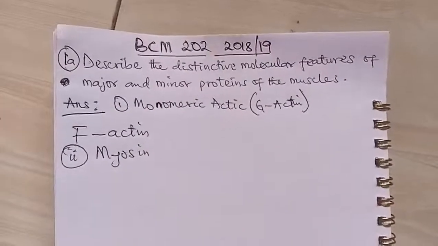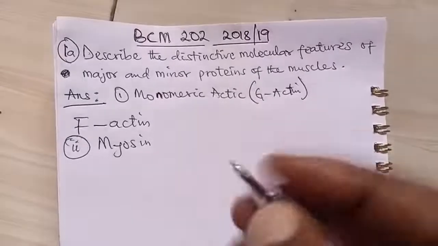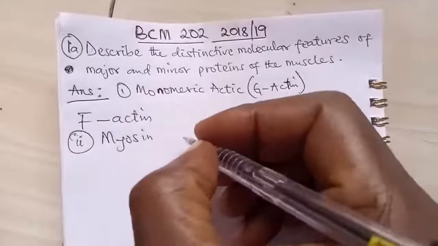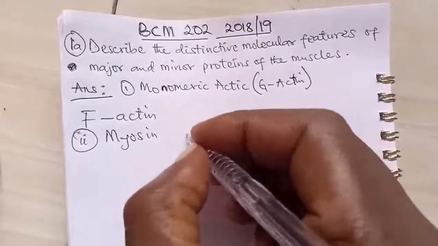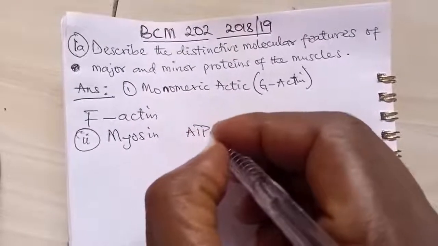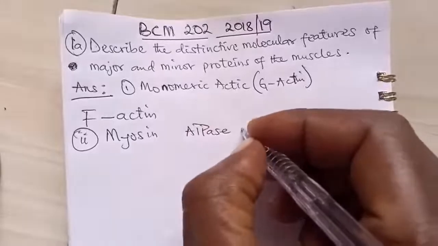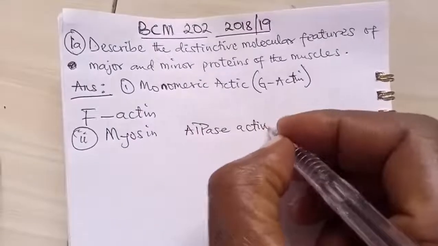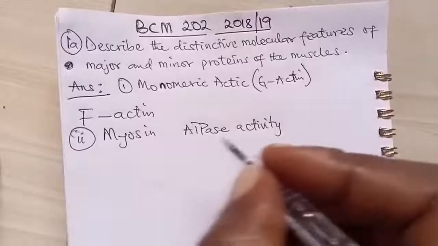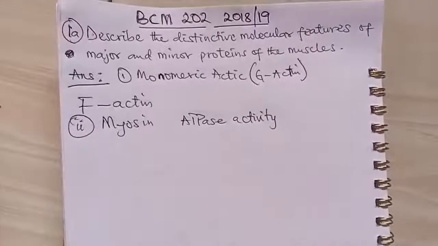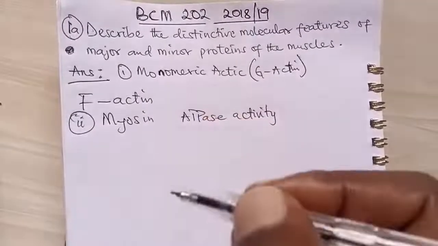Myosin of skeletal and cardiac muscles exhibits ATP hydrolyzing property, what we call ATPase activity, and binds readily to the F-actin under some appropriate conditions.